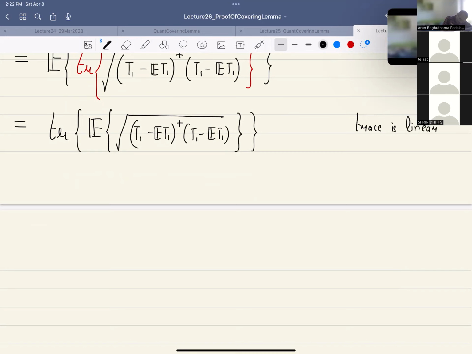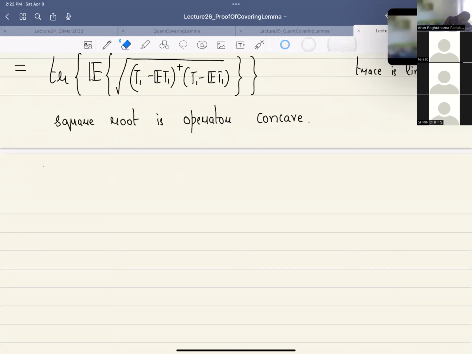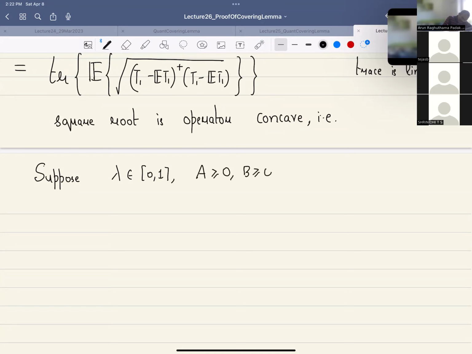Now you are using, forget the name, the fact that the operator square root is operator concave. Not at all a trivial result. So what does it mean? Suppose lambda is a real number between 0 and 1, and A is greater than or equal to 0, B greater than or equal to 0, that is, PSD.